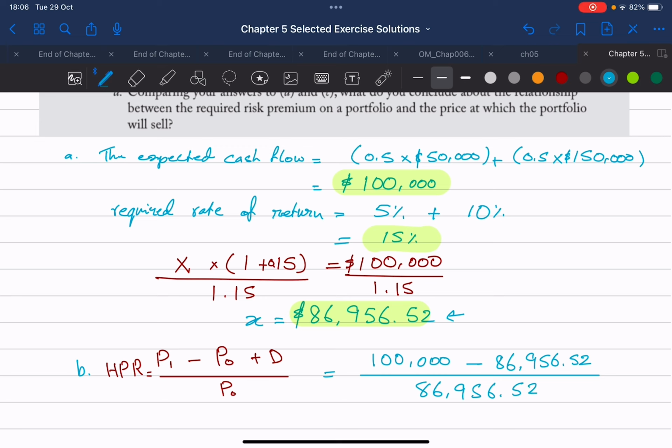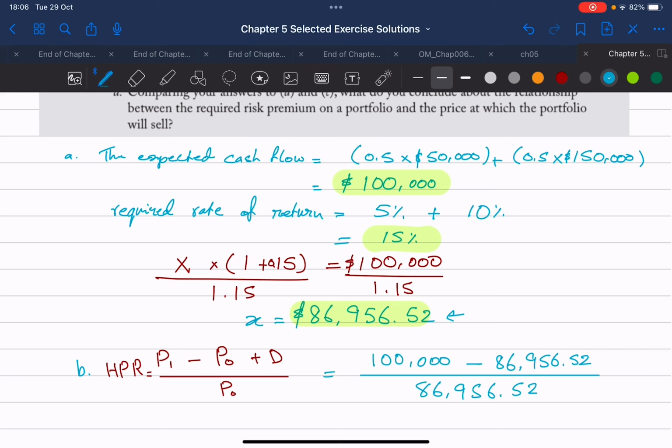86,956.52. Okay, run the numbers and we should get 15%, but let's see, 100,000 minus 86,956.52 divided by 86,956.52.